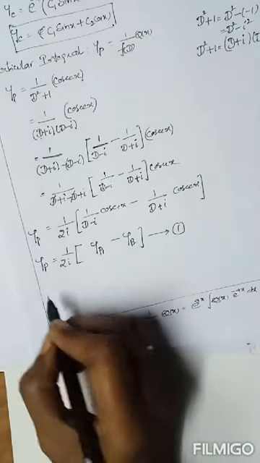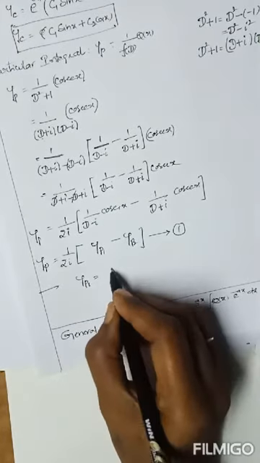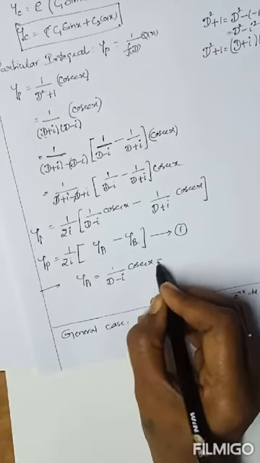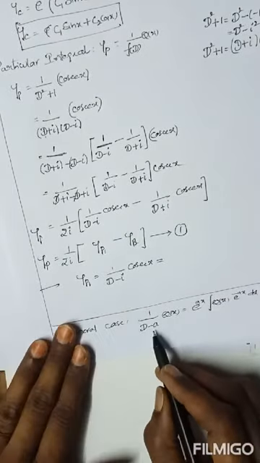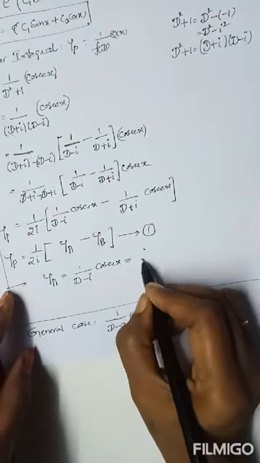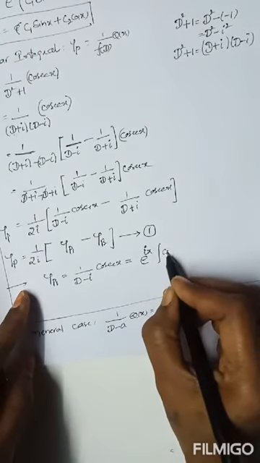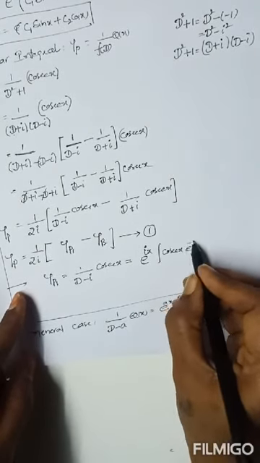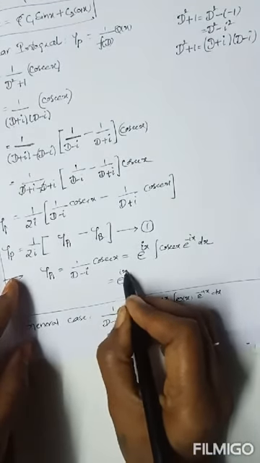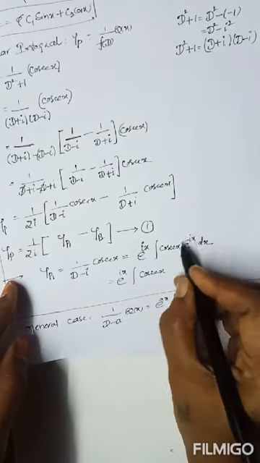First consider yp1. Its value is 1 by D minus i cosecant of x. This is exactly similar to 1 by D minus a, where in place of a is i. So we write e power ix integration of Q of x, which is cosecant of x, e power minus ix into dx. That is equal to e power ix integration of cosecant x. To integrate this, expand this one.